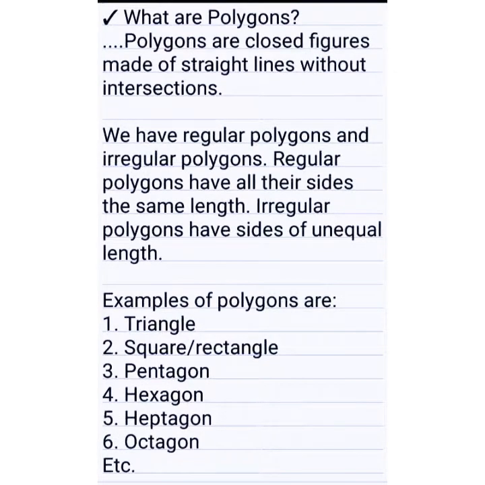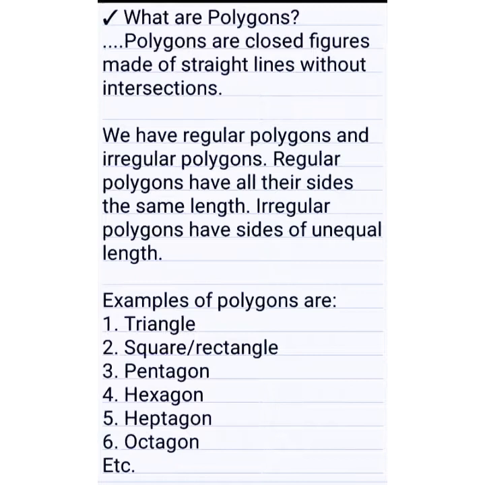What are polygons? Polygons are closed figures made of straight lines without intersections. I'll read again. Polygons are closed figures. Take notes. Polygons are closed figures made of straight lines without intersections.